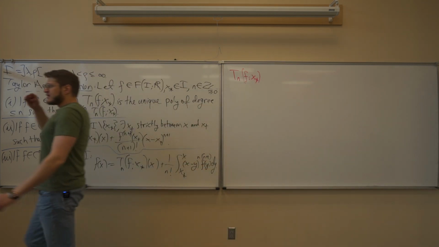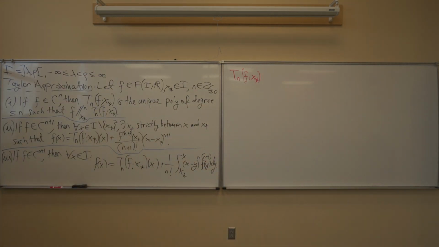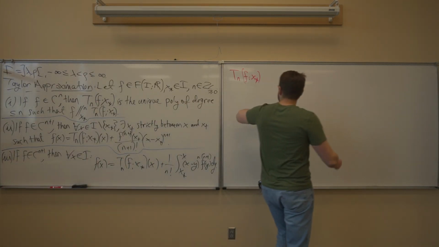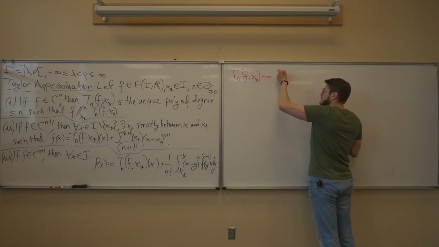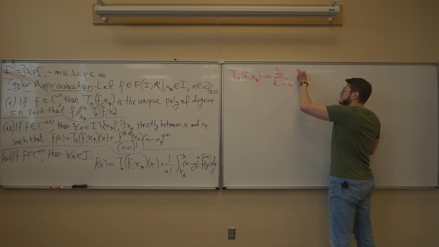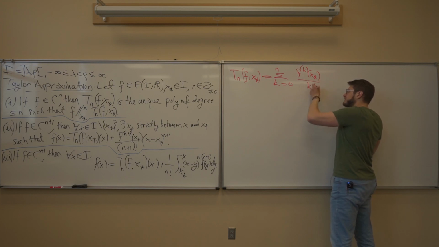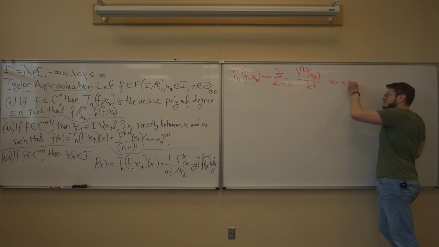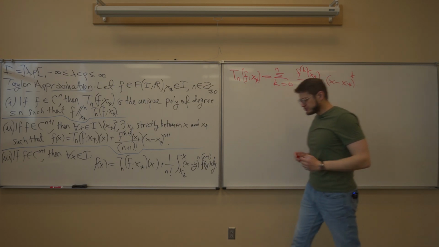And so this should be the partial sum of the power series up to the nth term: the sum from k equals 0 to n of the kth derivative of f evaluated at x star, divided by k factorial, times x minus x star raised to the power k. This was my Taylor polynomial.